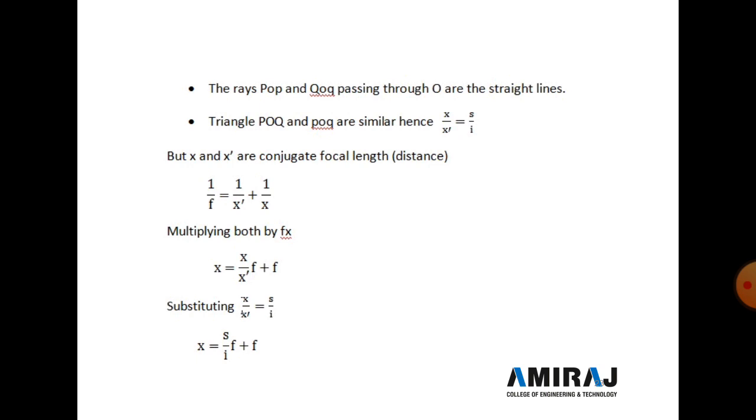After cancelling, we get x equal to x upon x dash into f plus f. Now you know x upon x dash is equal to S upon I, so putting S upon I in place of x upon x dash, x is equal to S upon I into f plus f.